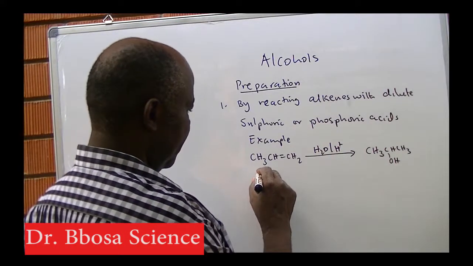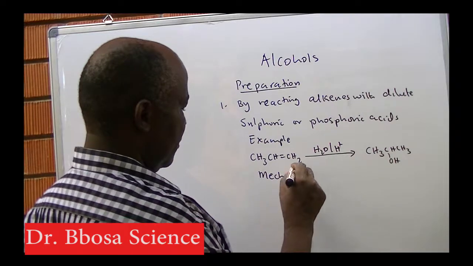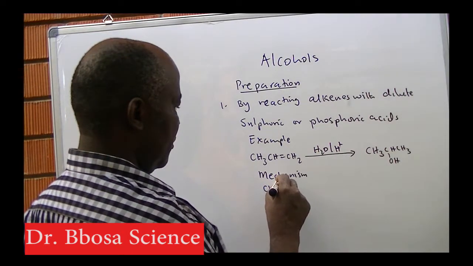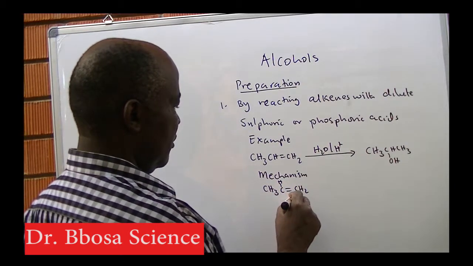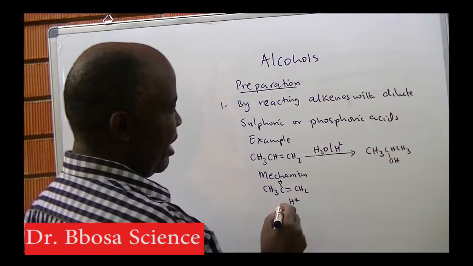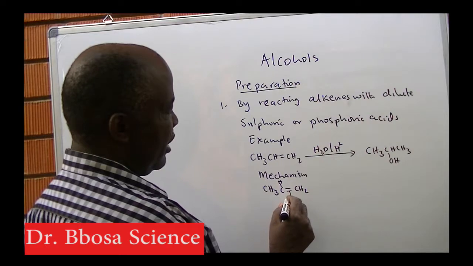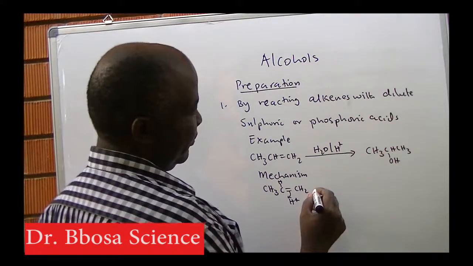Mechanism. One of the bonds of the double bond breaks and the pair of electrons is donated to a hydrogen ion from sulfuric or phosphoric acid.